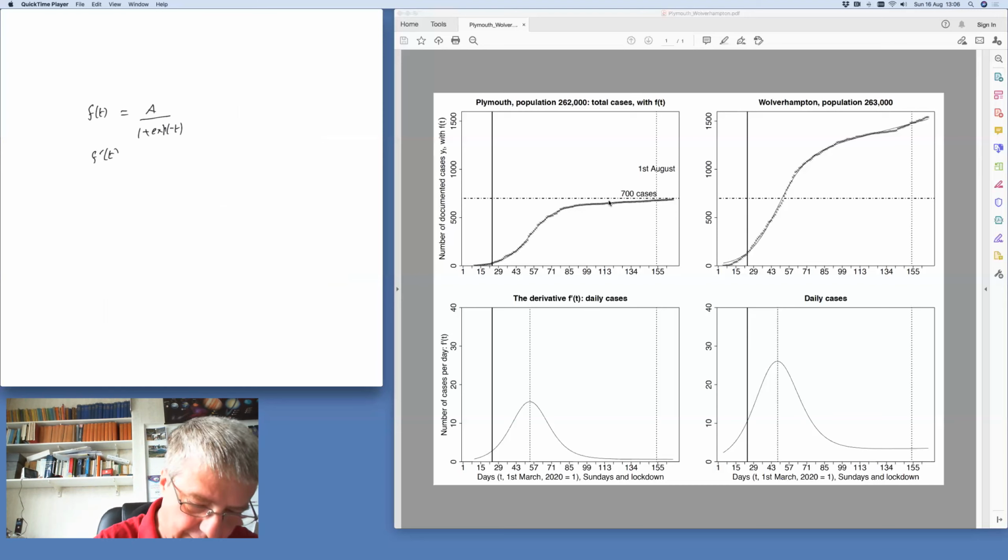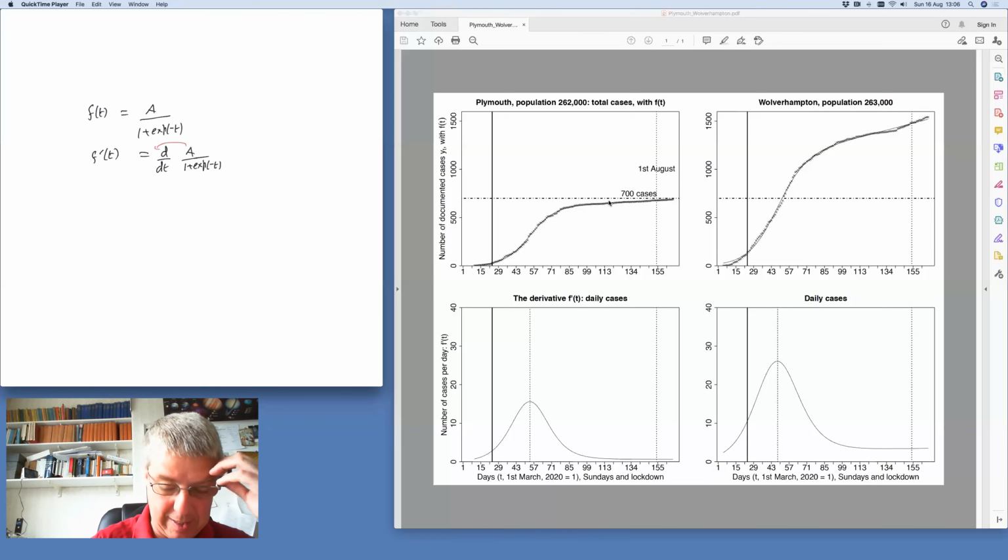So the derivative of this, we could write that as d by dt of a over 1 plus exp(-t). And then we could take out a, because the derivative is a linear operator. So we get a d by dt of 1 over 1 plus exp of minus t.